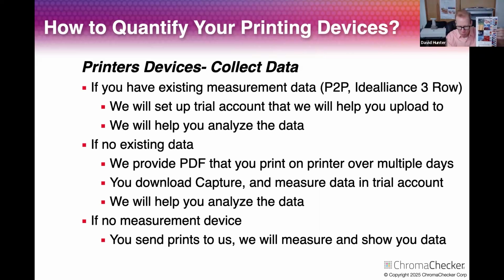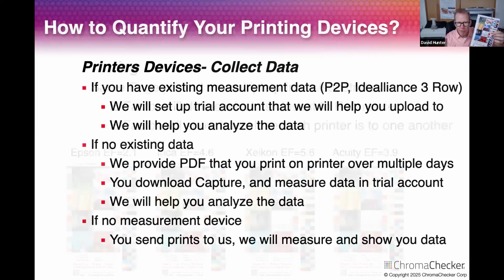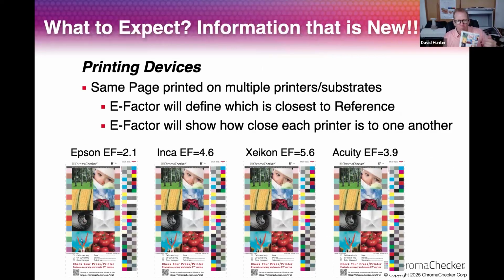And that's what I did with this one customer. I provided this PDF and he printed it on his 4 different printers. And one of his printers was a 2.1, one was a 4.6, one was a 5.6, one was a 3.9. And then he can take these prints and visually compare them to one another.